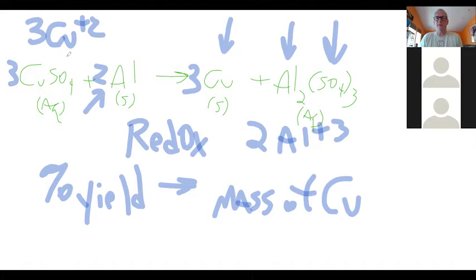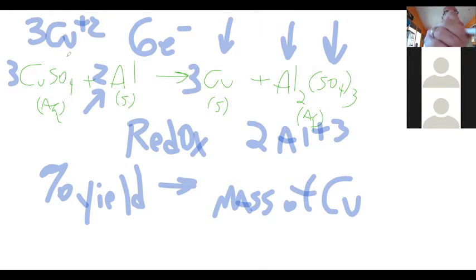You have 3 coppers at +2 and they all go to 0. On the other hand, you have 2 aluminums at 0 and they go to +3. How many electrons move from one to the other? 6. 6, exactly. So this reaction is a transfer of 6 electrons from aluminum to copper. That's the actual reaction you're doing. It's an electron transfer reaction where the aluminum is being oxidized, the copper is being reduced.